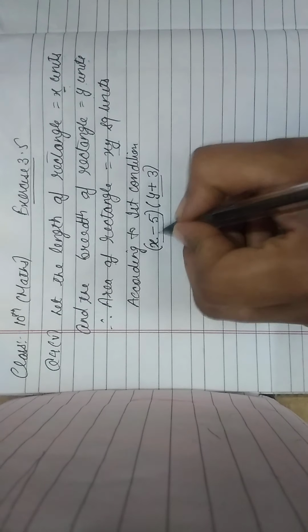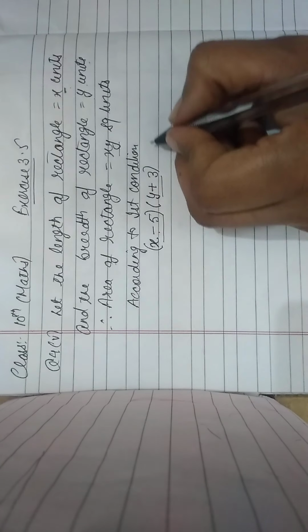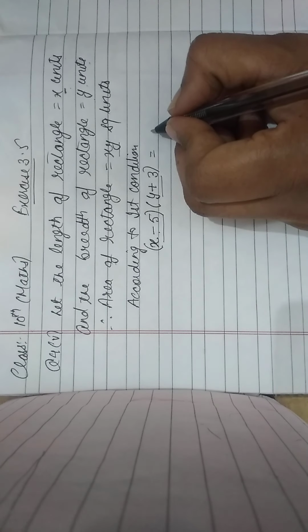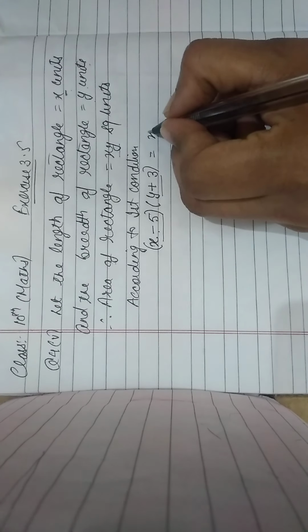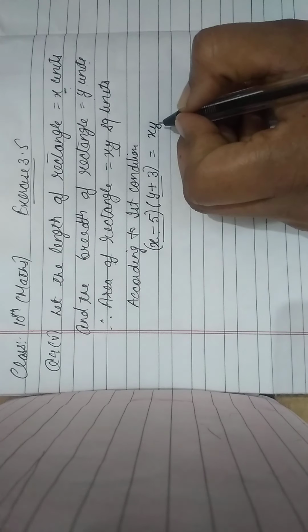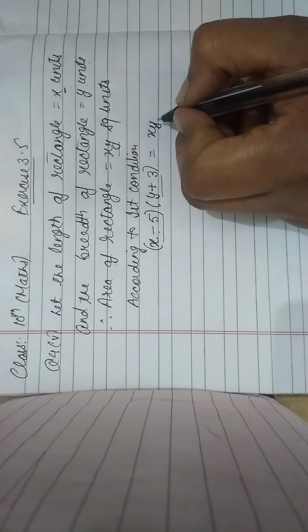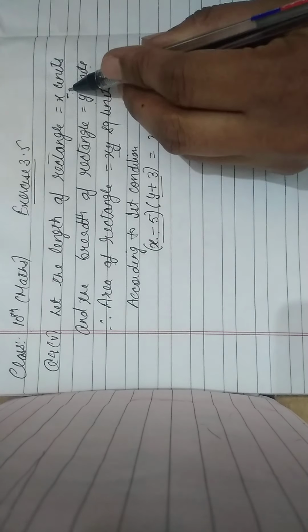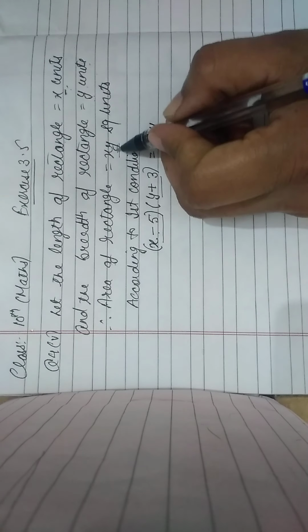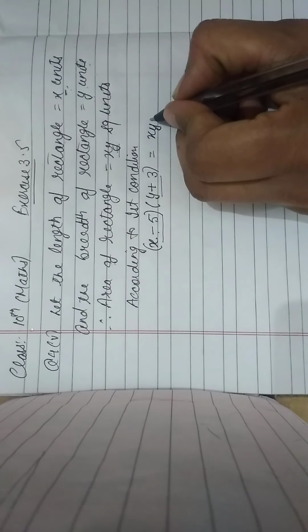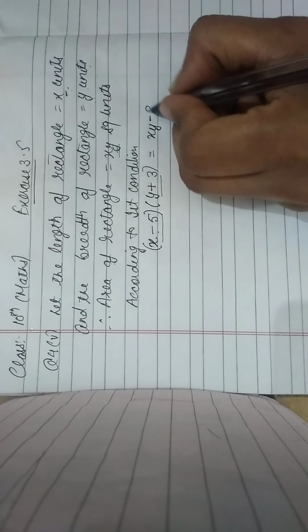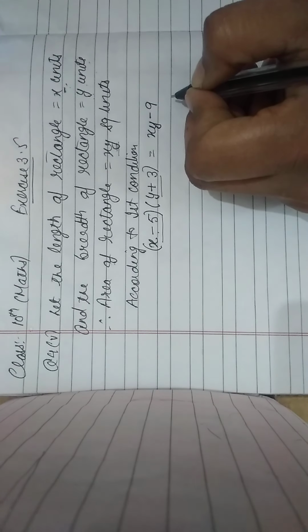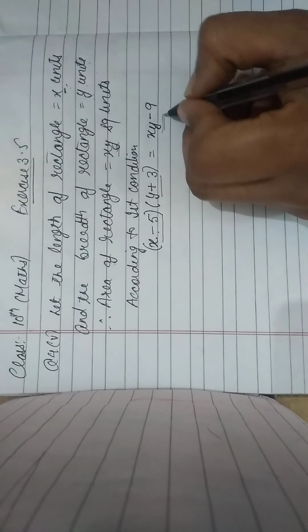This is the new breadth and this is the new length. Length multiplied by breadth is area. The area of the original rectangle, whose length is x and breadth is y, is xy. And we are given that the area of the rectangle gets reduced by 9. So subtract 9 from the area. This is the area of the new rectangle.